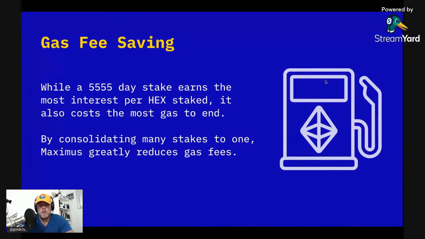By pooling the funds, it reduces that to just one gas fee payment. For smaller stakers, that's huge, because they might not be able to end their stake at all.